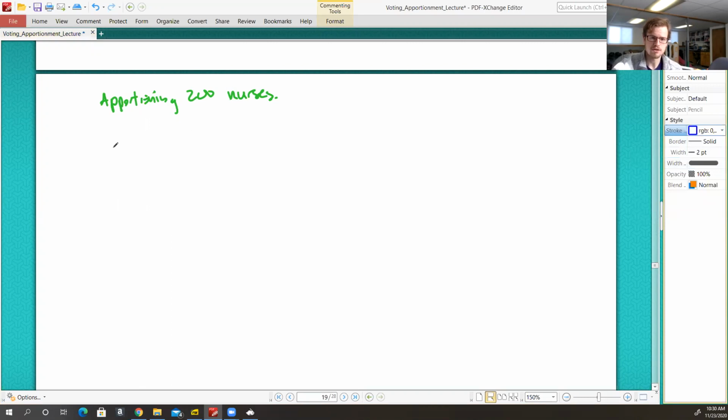So we want to find a modified divisor. We need shift A, shift B, shift C, and shift D.